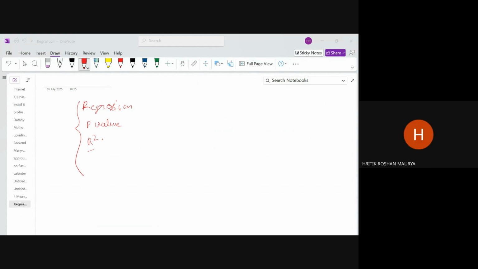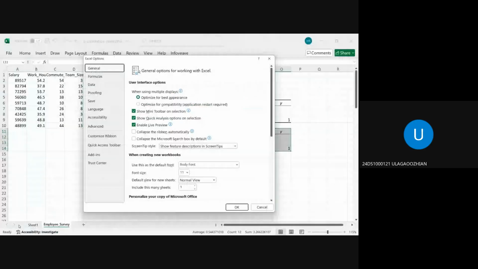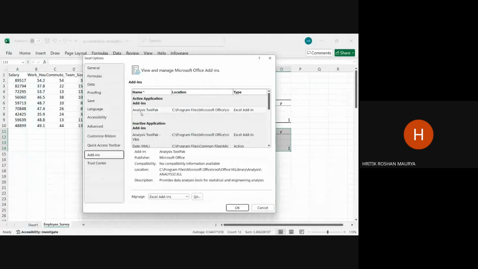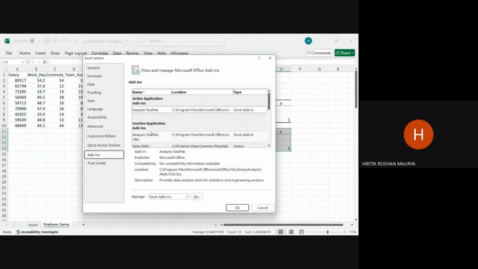You need to go to File, and there is Options. Then there is Add-ins. You can see I have installed the Analysis ToolPak. Other tools mentioned at the bottom you can also install. Okay, sir. Thank you, sir.